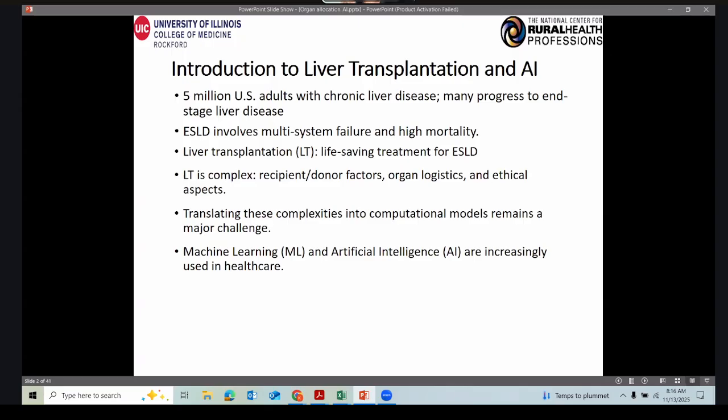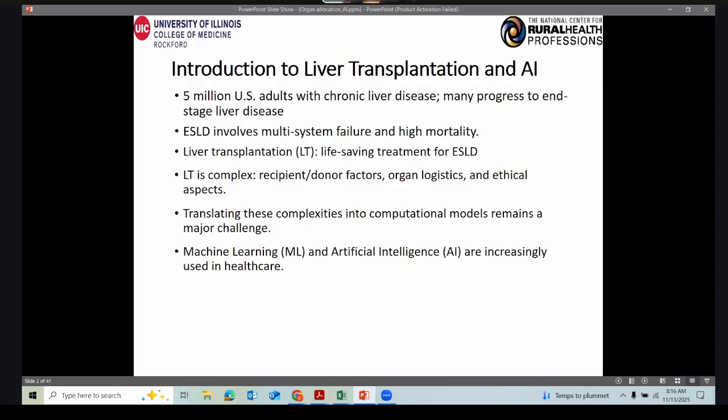It involves not just medical factors but also ethical and logistical ones, like how severe the recipient's condition is, the quality of the donor organ, how long it has been preserved, and even how fairly the organs are distributed among the patients on the waiting list. At any given time in the US, there are approximately 13,000 to 15,000 people on the liver transplant waiting list.